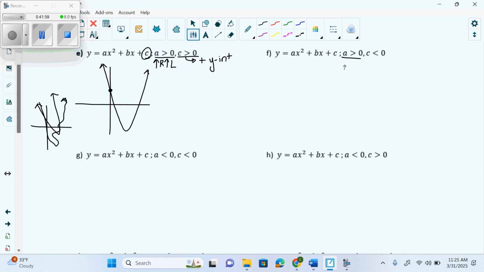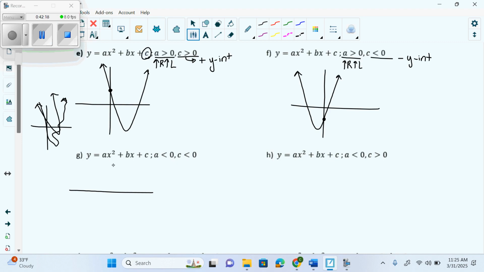This is up on right, up on left, negative y-intercept. So, it could be something like this. Up on right, up on left, negative y-intercept. Okay. This one: down on right, down on left, negative y-intercept. Now, some people think that means that it has to go like this.